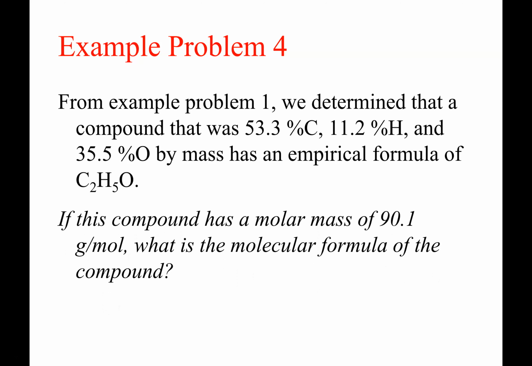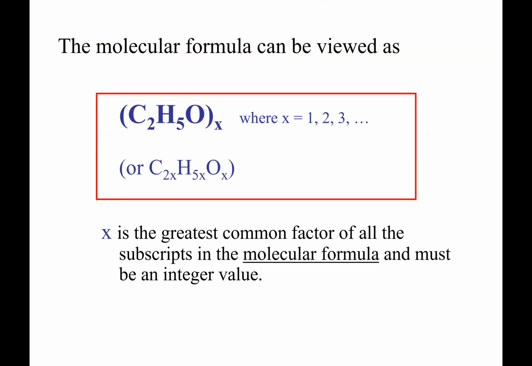All right, so for the same compound, now if they give you this extra bit of information like they have, we can take that empirical formula C2H5O and find out what the real molecular formula is if they give us the molar mass. So the molar mass of this compound is 90.1 grams per mole. And some of you guys might already be thinking how we do it.